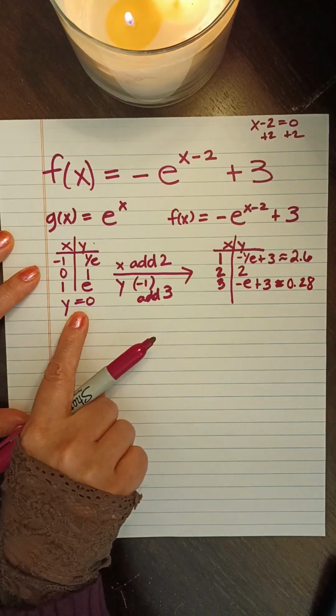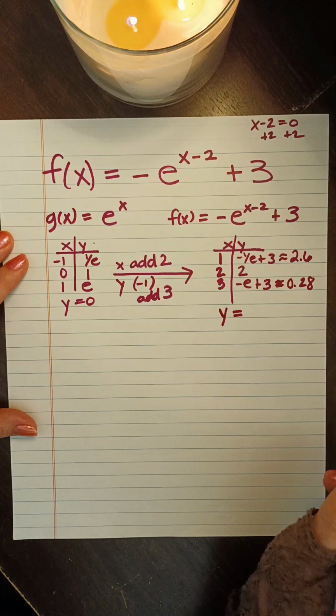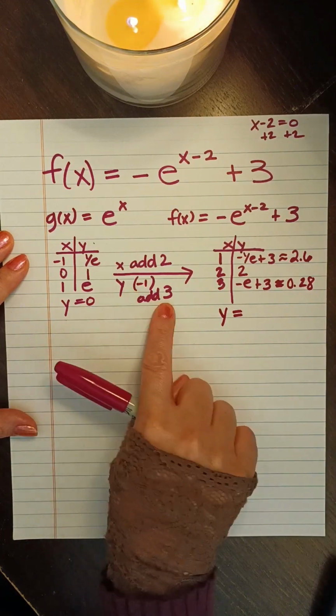Now we're also going to do that to this y value, to our asymptote. Our new horizontal asymptote will be y equals 0 times negative 1 is 0, plus 3 is 3.